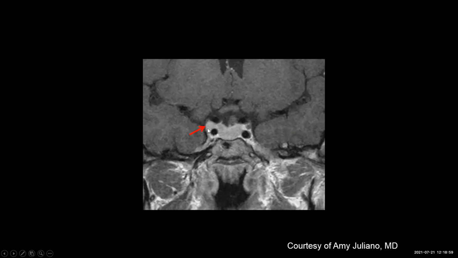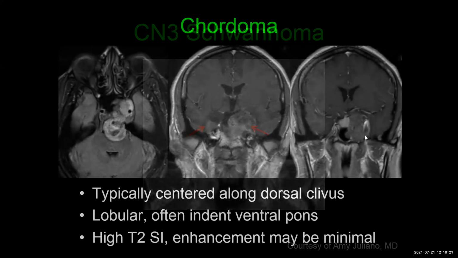This is a very pretty schwannoma of cranial nerve 3. This is a coronal image. Here's our pituitary gland, our cavernous sinus. This is the normal cranial nerve 3. This one has been replaced by an enhancing mass, and it's actually the absence of this little filling defect that is the pathology. So that is a schwannoma of cranial nerve 3.